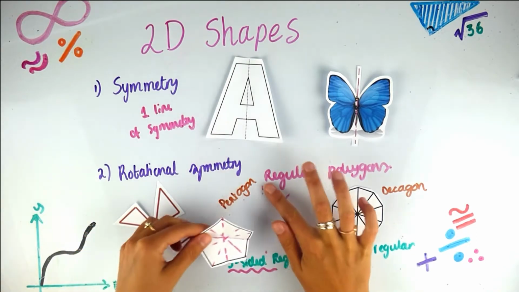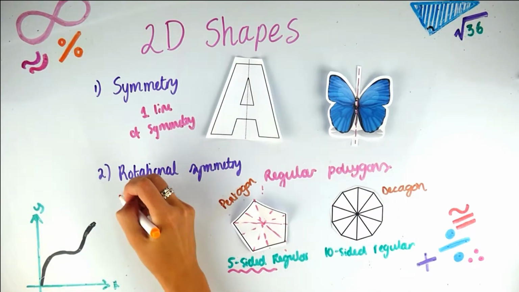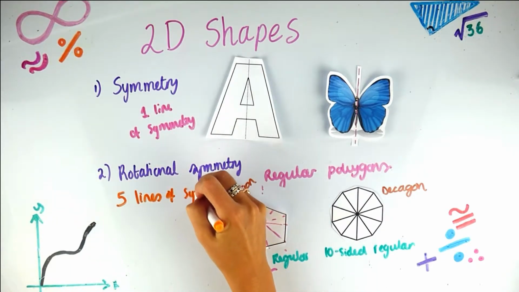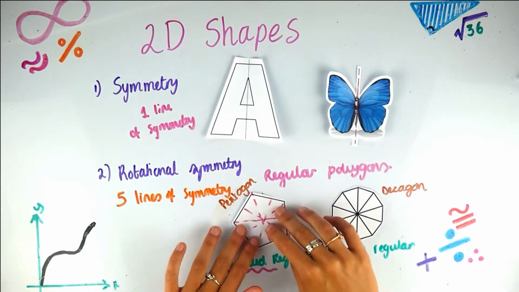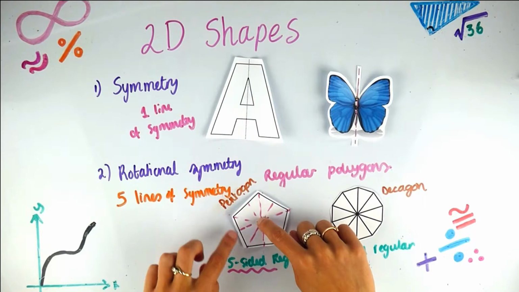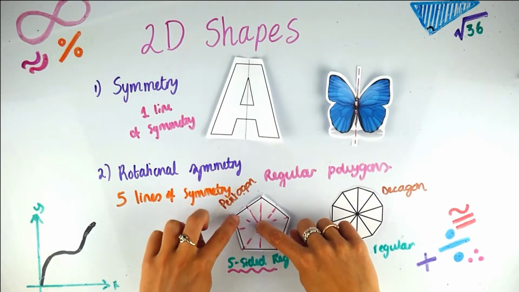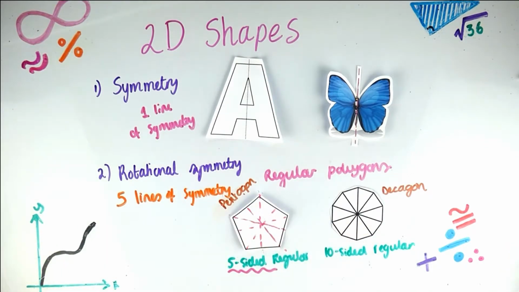So a 5-sided regular pentagon has 5 lines of symmetry. It also means that its rotational symmetry is order 5, because I can turn it to there and have the same shape, that's 1, 2, I have the same shape, 3, 4, and then that would be back to where we started.